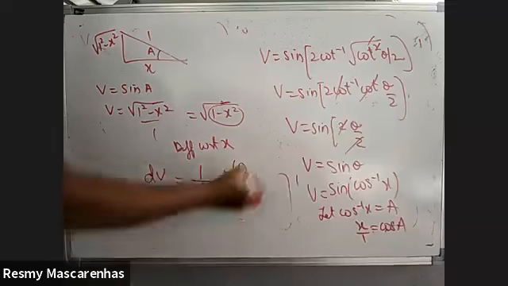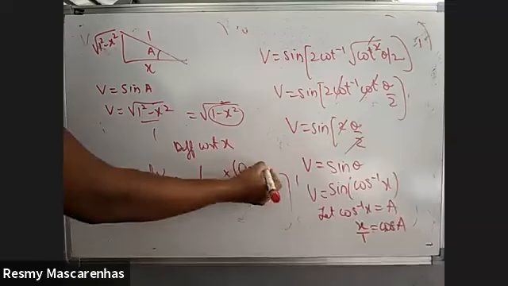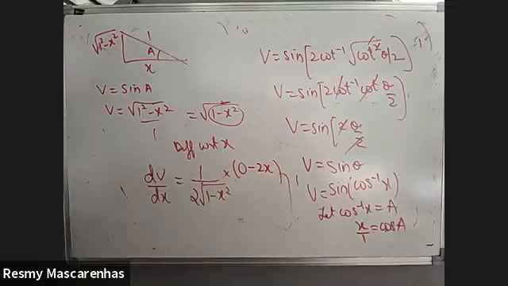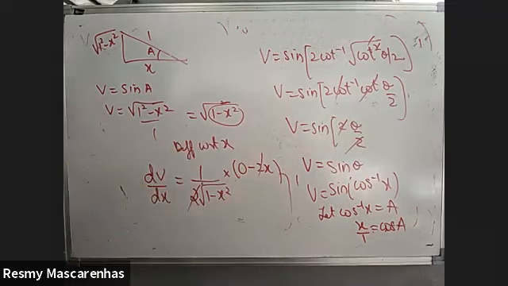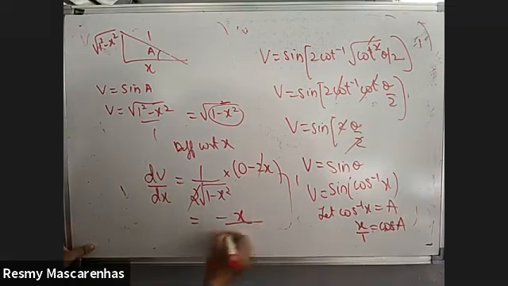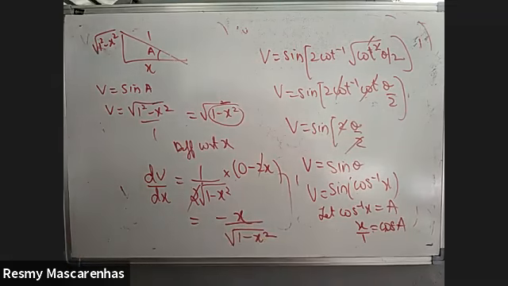So derivative of 1 will be 0 and derivative of x square will be 2x. So 2 and 2 will cancel. So answer will be minus x upon root of 1 minus x square. So this is dv upon dx.